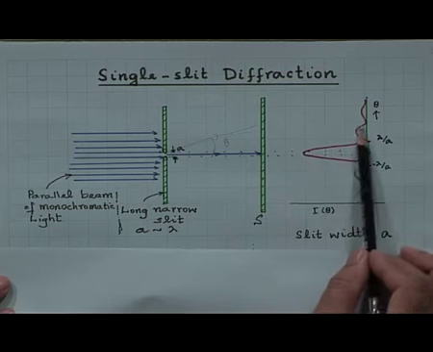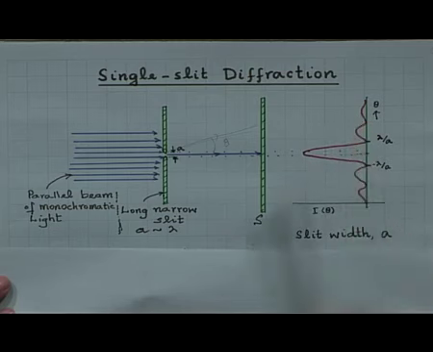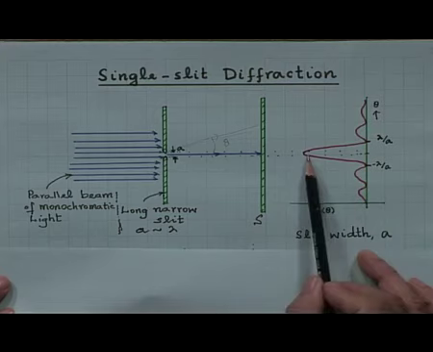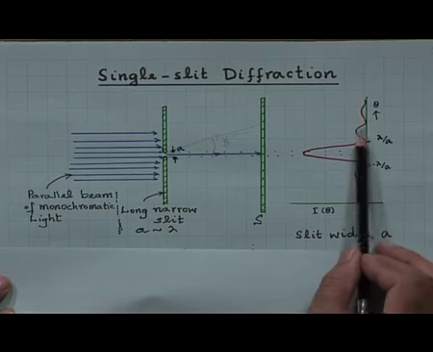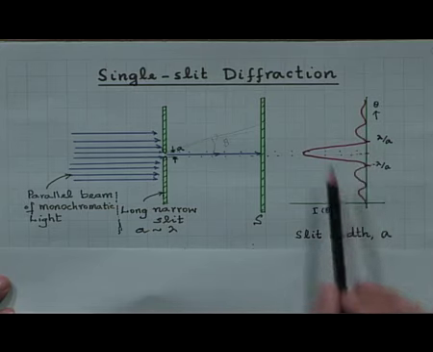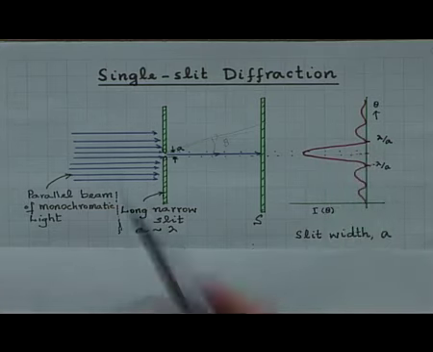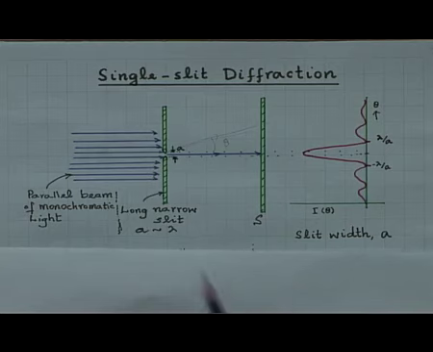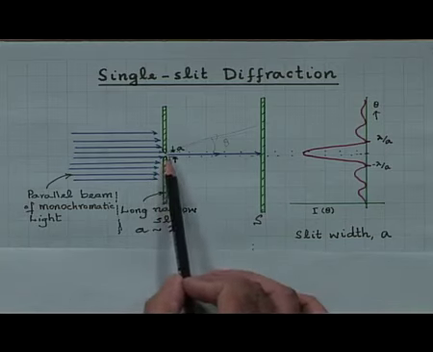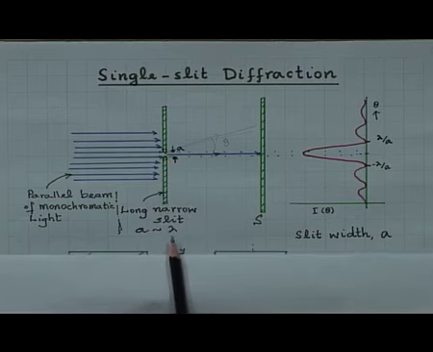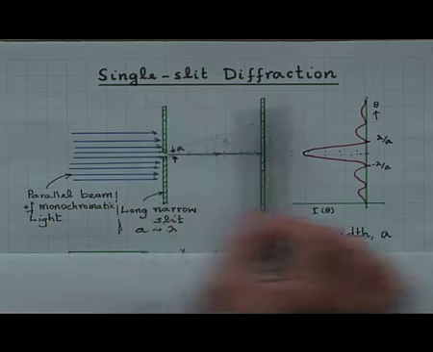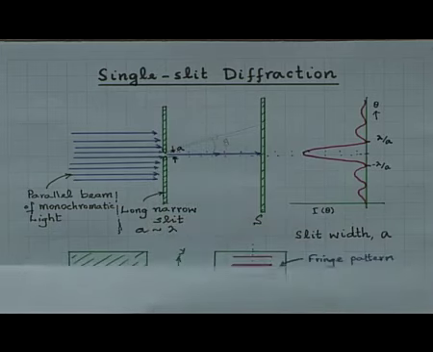The maxima are very small, very low intensity maxima, but we do see intensity minima, intensity zeros and small maxima in the geometric shadow, and this is called diffraction. And because we have used a narrow slit with a dimension of the order of wavelength, we call this pattern single slit diffraction.